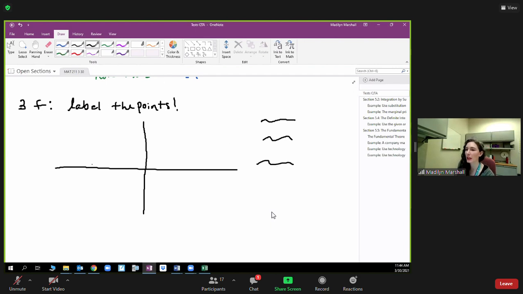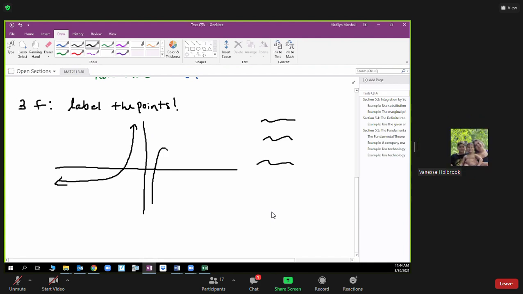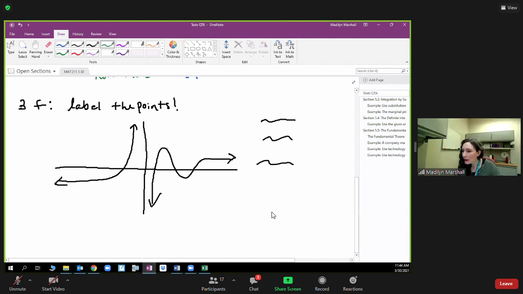But what I mean is that if this is your graph, this is not what the graph looks like, by the way. Just making a random graph. That's actually not a good example at all, because that doesn't have any good points on it. If we have this, and we have this, this is a local extrema, so this should be labeled with whatever it is, and this should also be labeled.